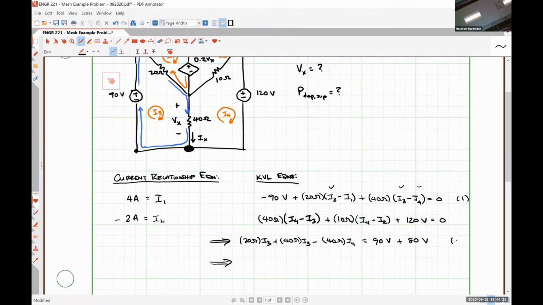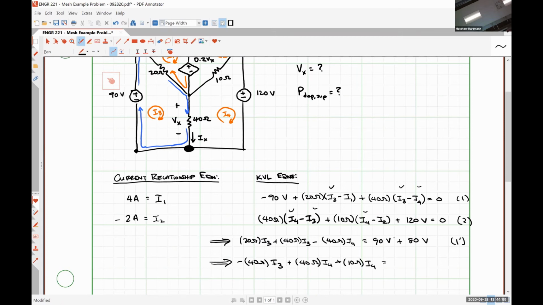I'll call that 1 prime. This will be equation 2, and we're going to rewrite this one. Our coefficient for I3 is negative 40 ohms, the coefficient for I4 is positive 40 ohms, plus 10 ohms.